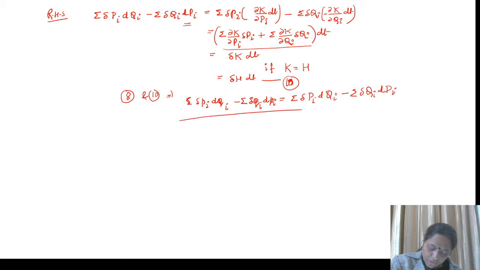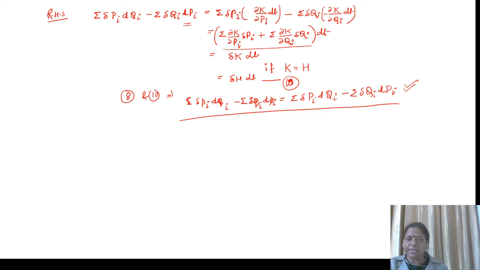This is called the invariance of bilinear form. If this condition is satisfied, then again we say that the transformation is canonical. So this is the third way of proving your transformation to be canonical.